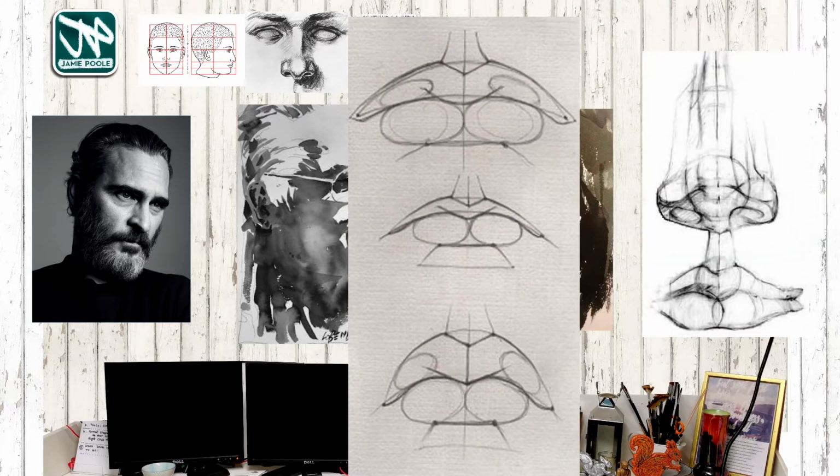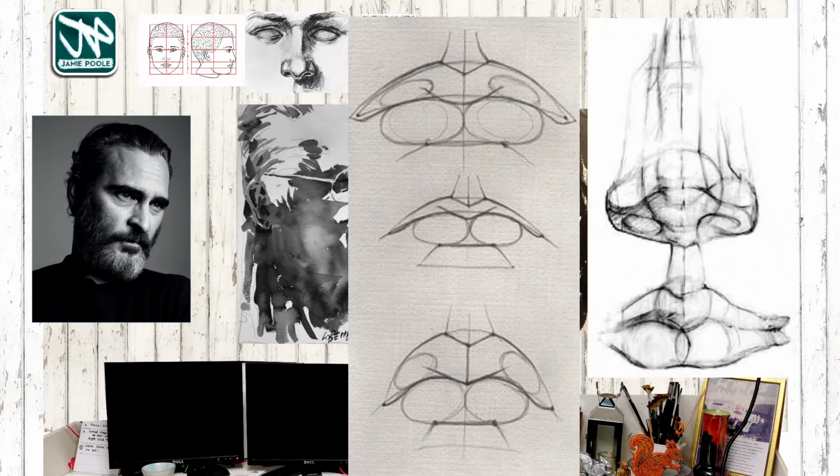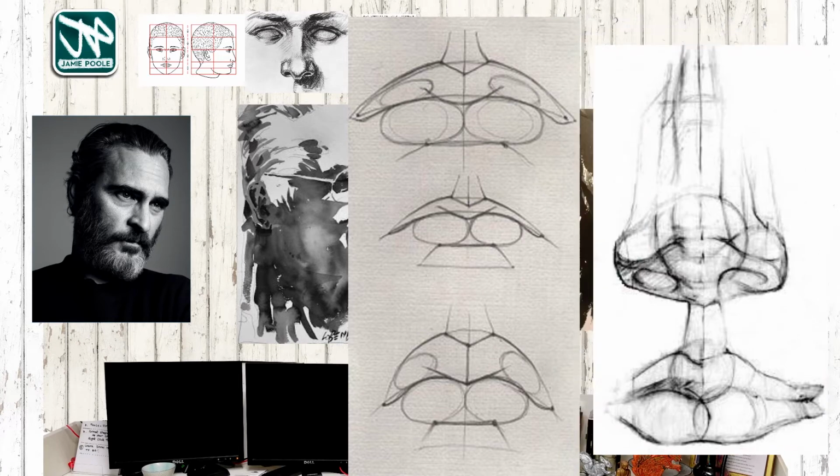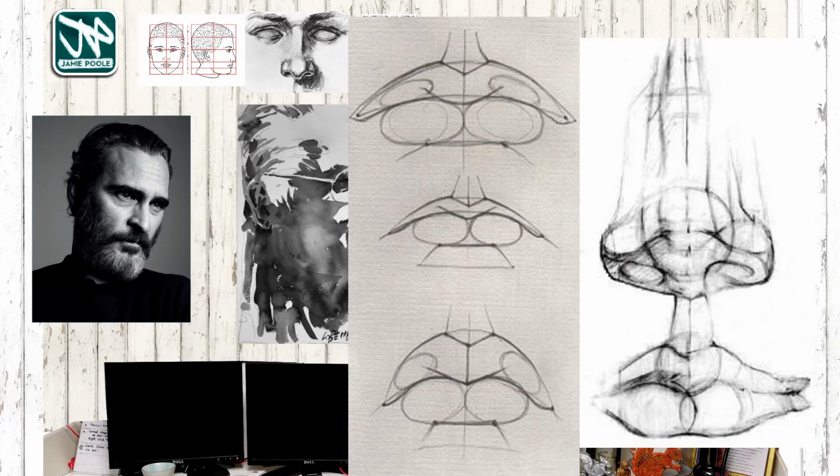We've got the lips and we've got a nose and lips diagram. I'm going to be looking particularly at this one just here because it's quite good. It shows how to structure drawing noses and lips. Particularly there's this idea of using a circle to help you, because a lot of the time you've got this almost spherical shape that makes up the end of the nose and the nostrils.